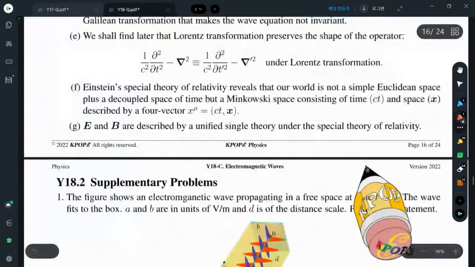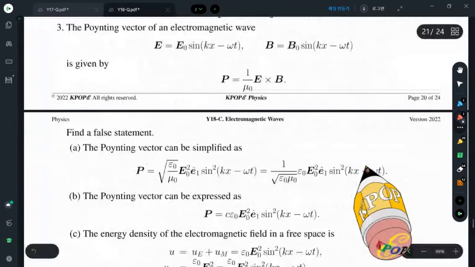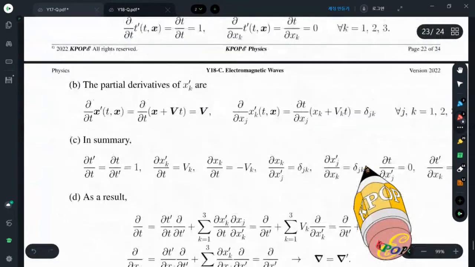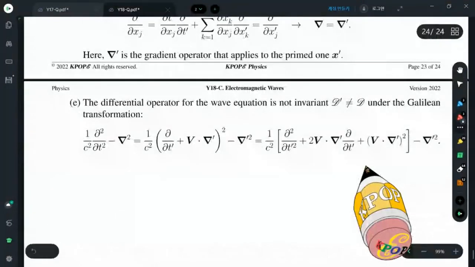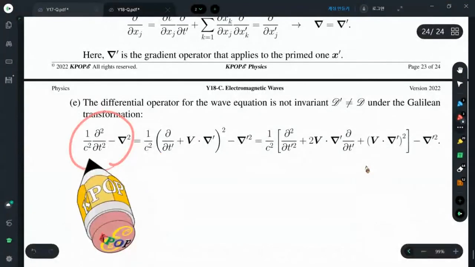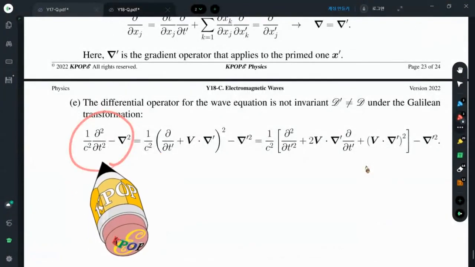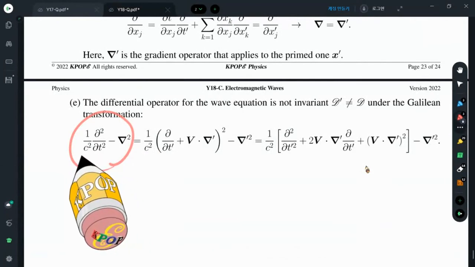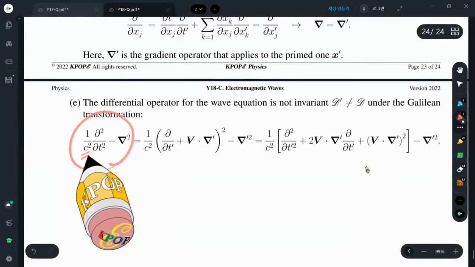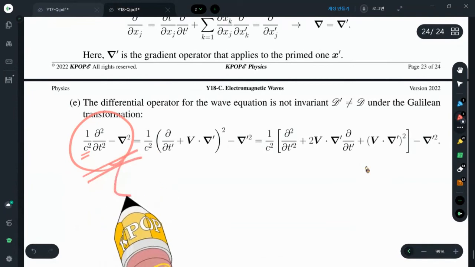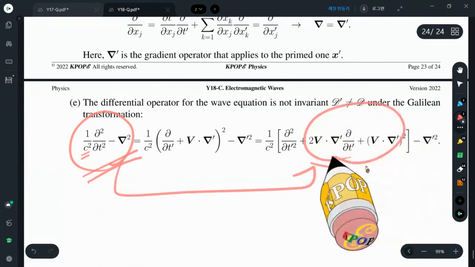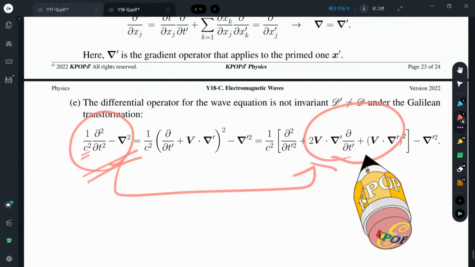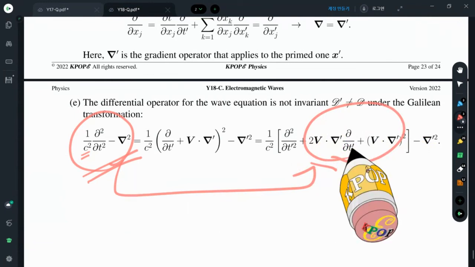If I apply the Galilean transformation to the differential operators, what do we find? The equation for a wave propagating with the speed of light, after Galilean transformation, has a very strange piece appearing. So it is not physics.